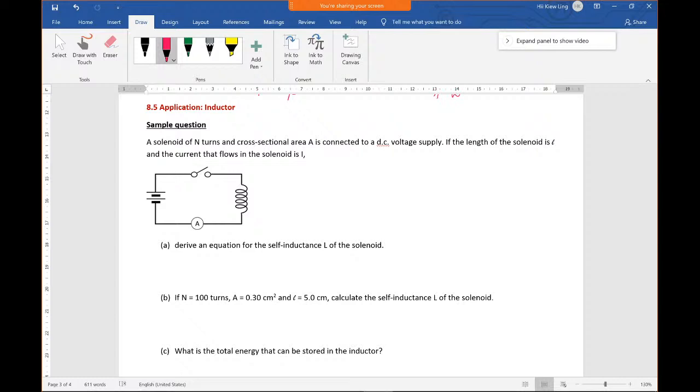The solenoid is connected to the power supply, with N turns, area A, length of solenoid L, and the current is I. Derive an equation for the self-inductance L of the solenoid.